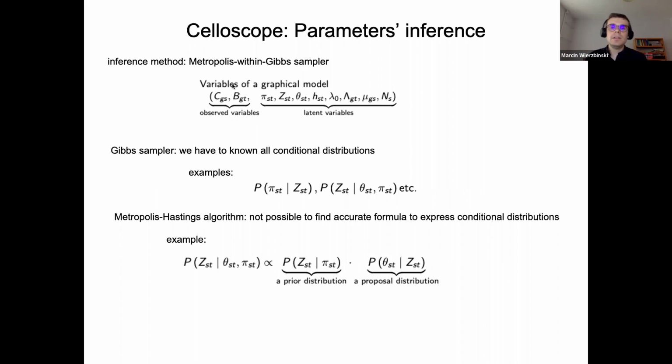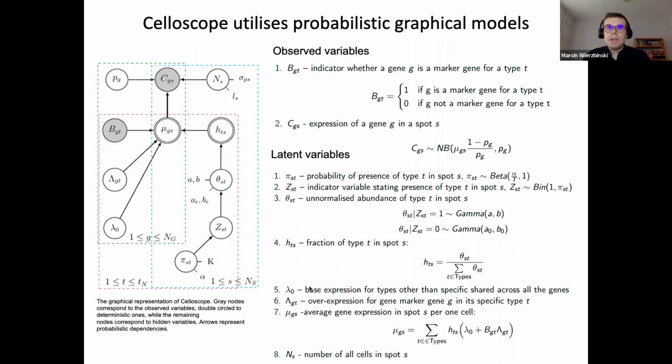In this model, Celloscope uses the Metropolis-within-Gibbs sampler to infer those variables. Some variables, for instance lambda 0, are set as a single number.